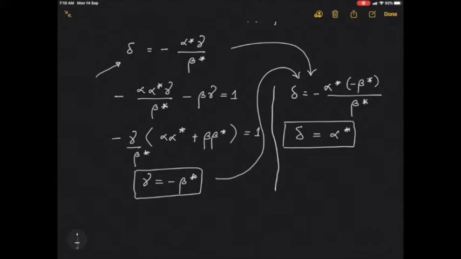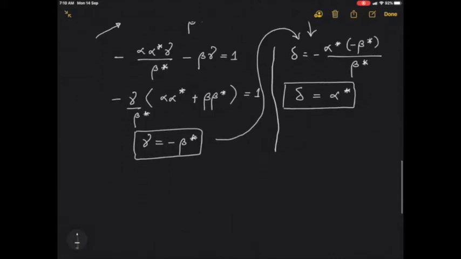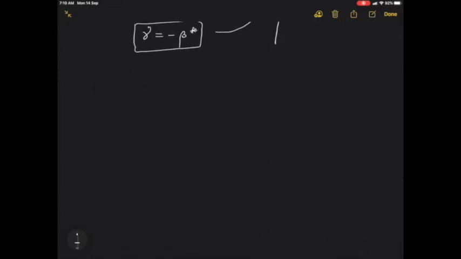But now you see, gamma I can replace by minus beta star and delta I can replace by alpha star in my original matrix. So now I can write my Q as alpha and beta, and then gamma is just minus beta star, and delta is alpha star.